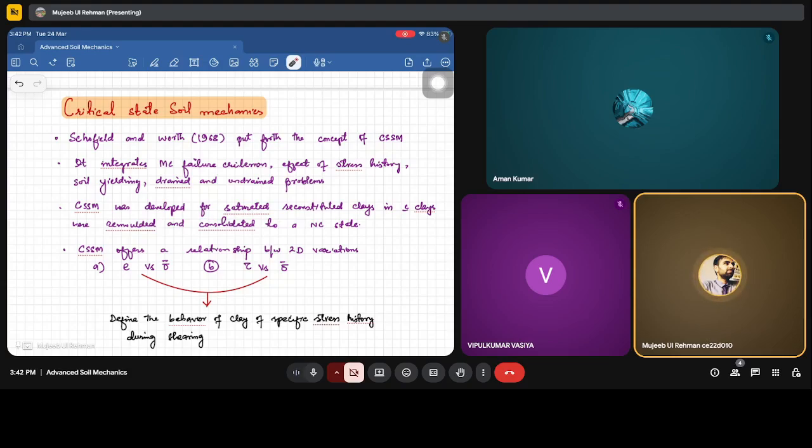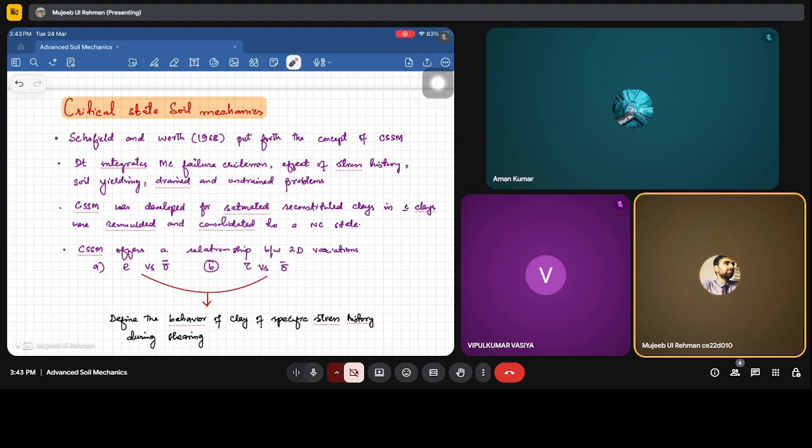As a result, it defines the behavior of the clay of a specific stress history during the shearing part. Correct. So it is taking into account the stress history also, and when we are doing the shearing part, we are able to monitor the stress-strain and also the volumetric strain response.